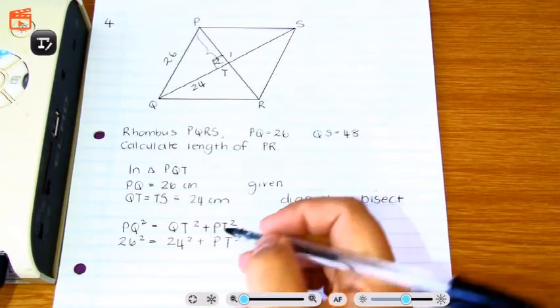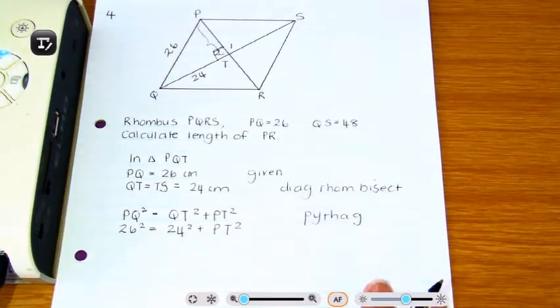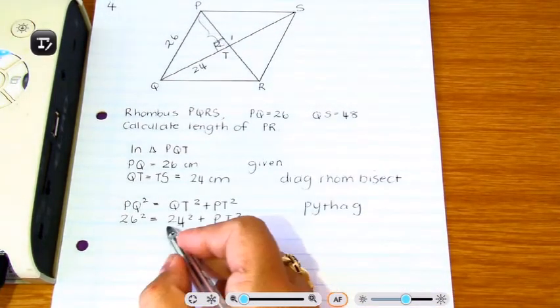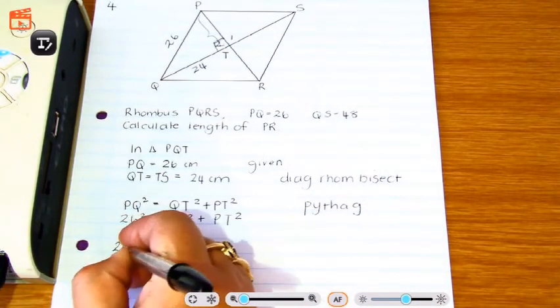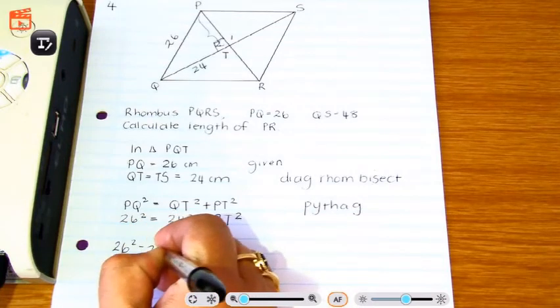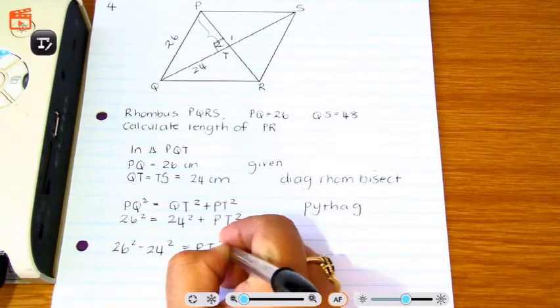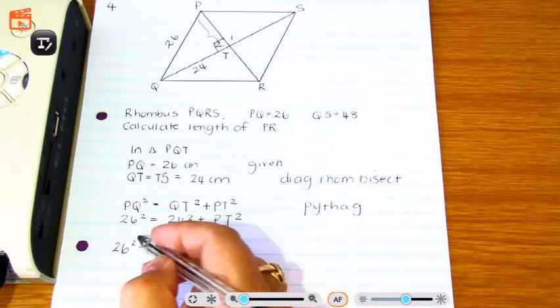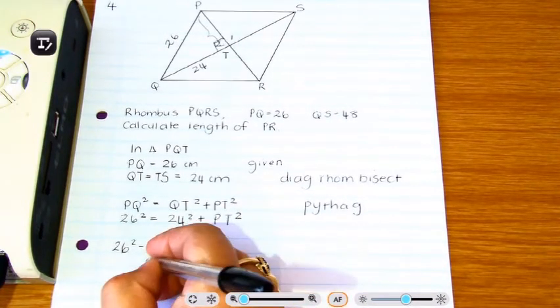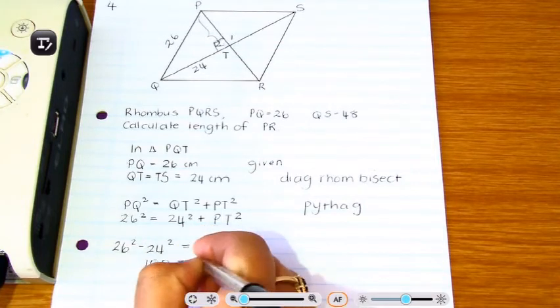I'm now going to try and get PT on its own. So I'm going to minus this. So I'm going to get 26 squared minus 24 squared is equal to PT squared. When I calculate that, I get 26 squared minus 24 squared is 100, which is equal to PT squared.